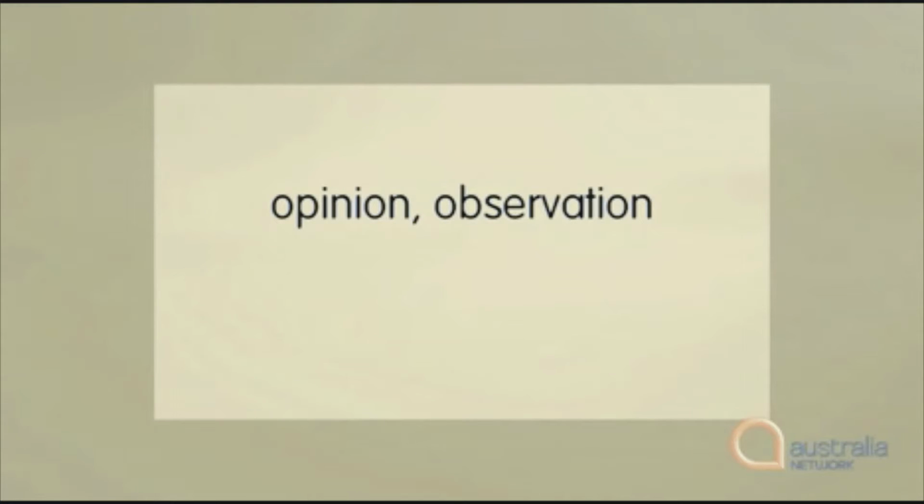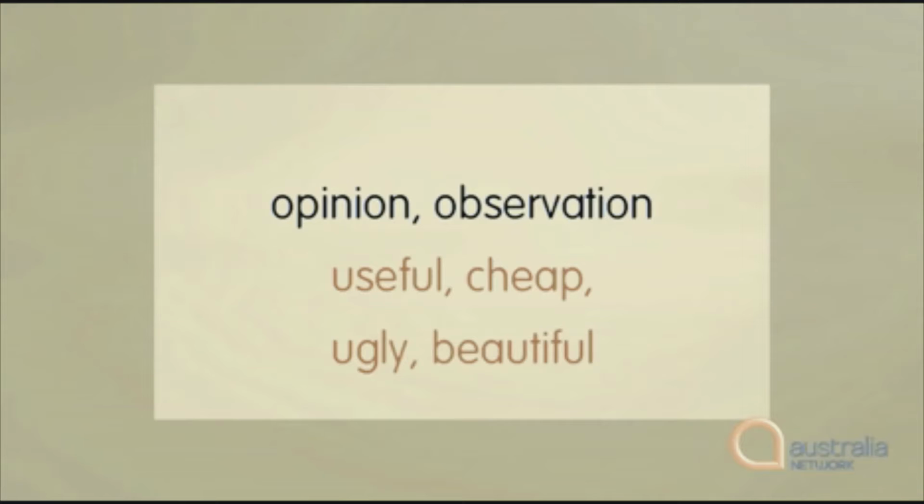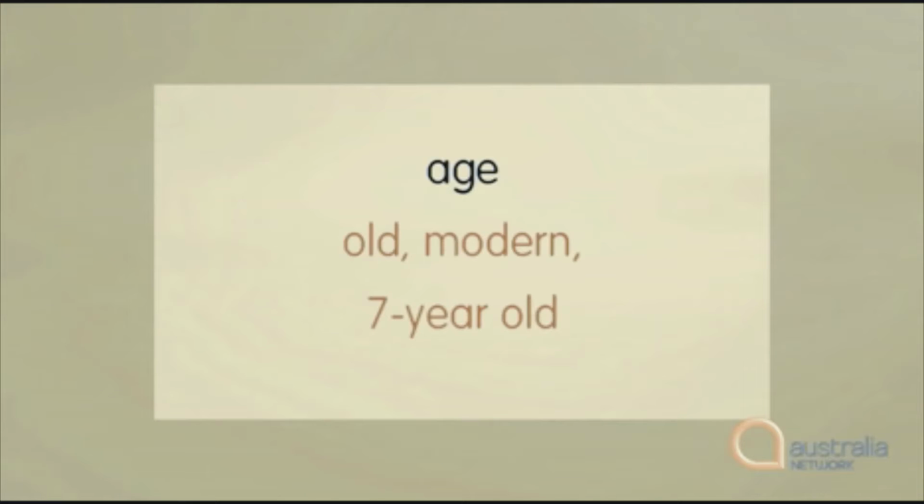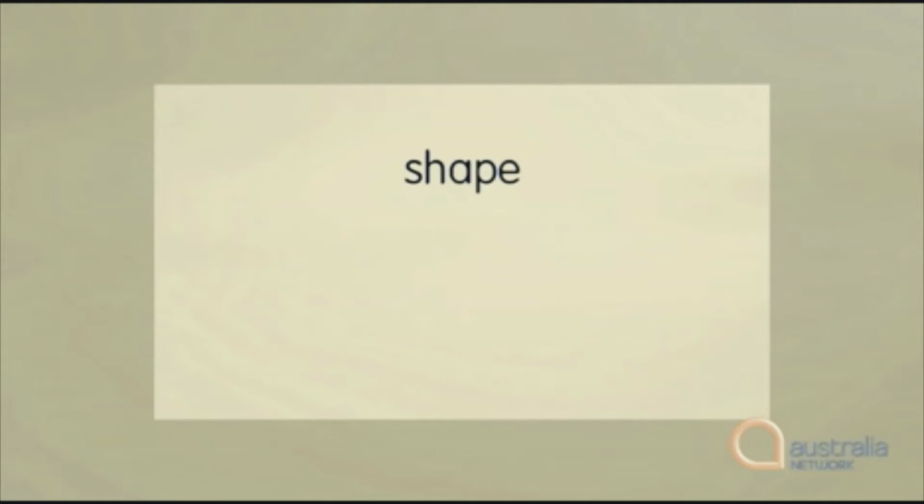The second type of adjective is opinion or observation. This tells you something about the quality of the noun. Useful, cheap, ugly, beautiful. Then we have size, for example, enormous, tiny, huge, followed by age. It could be old, modern, 7-year-old. Then shape, perhaps oval, circular or flat.